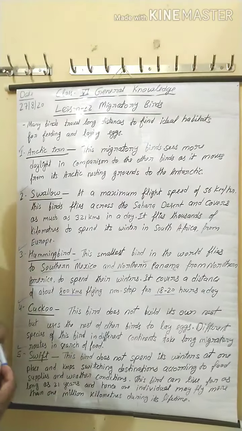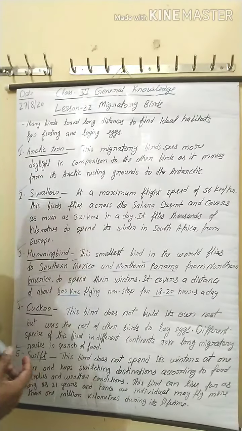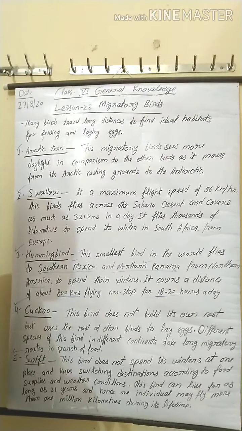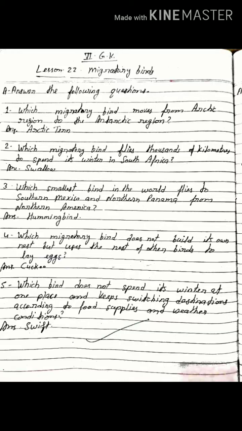Now see how to write this exercise in the copy. You have seen the display: Lesson 22, migratory birds. Write this lesson as question and answer.